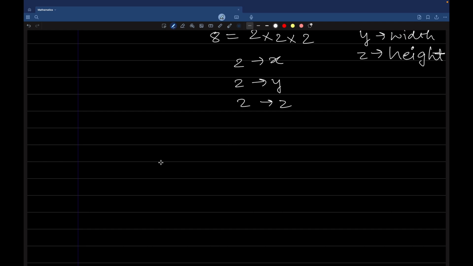Now let's take question number 3. Question number 3 says that 36 is both a triangular and a square number.